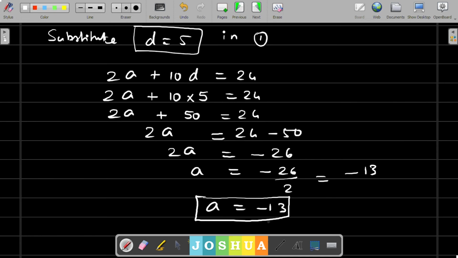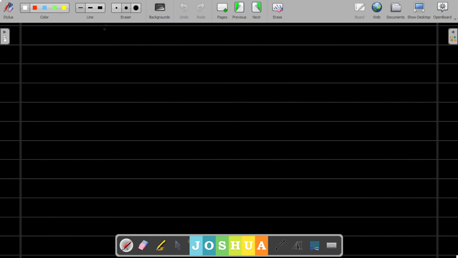We already found the value d is equal to 5 and a is minus 13. What they asked now is the first three terms of this AP. So in this case, you have to construct the AP. I just now found a is equal to minus 13, and earlier I found d is equal to 5. So the first term a1 is equal to a, that is minus 13.